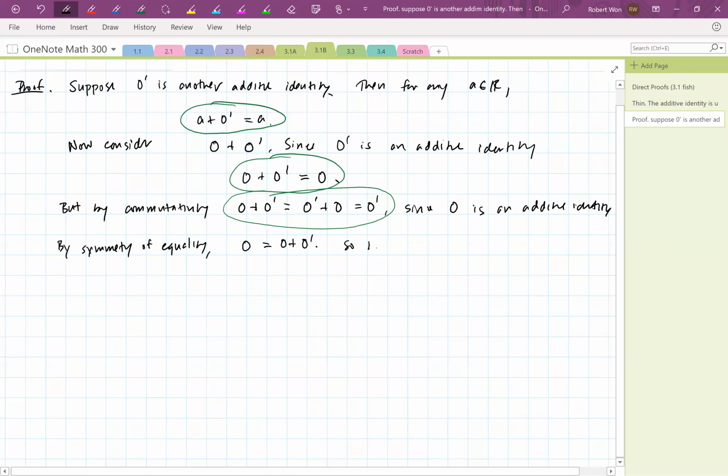So by transitivity, 0 equals 0 prime. Right, because now if you combine this with this using symmetry, you get that 0 equals 0 prime by transitivity. Okay, which is what we wanted.